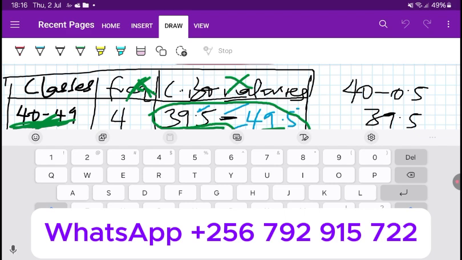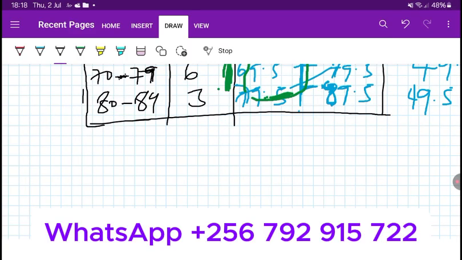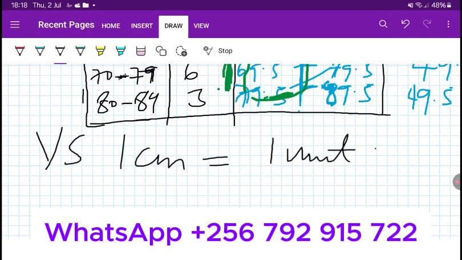But it is the same thing, we put a kink. In other words, we don't start from the vertical line. So we said we get the scale, and of course we say the vertical scale is going to be 1 centimeter to represent 1 unit for you who are using the graph book.